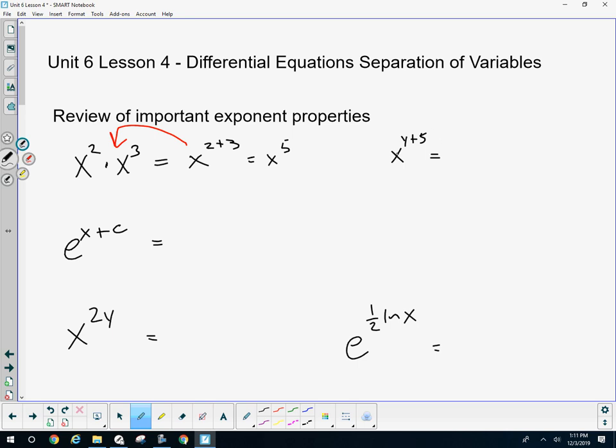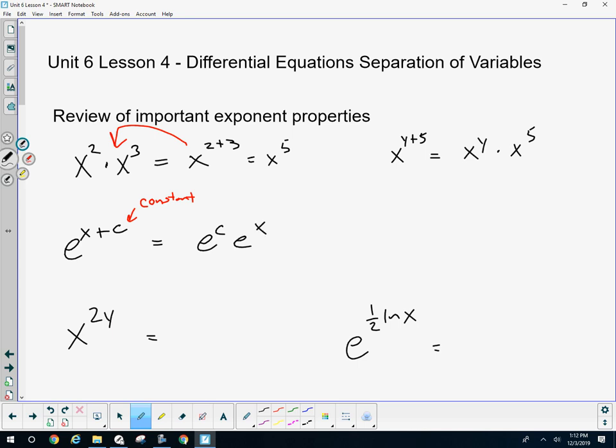So x to the y plus 5, sometimes it will help us if we write it as x to the y times x to the 5th. This versus this, not necessarily different, but watch how I can manipulate this knowing that C is a constant. Using the exponent property rules of addition, we could write this as e to the c times e to the x.